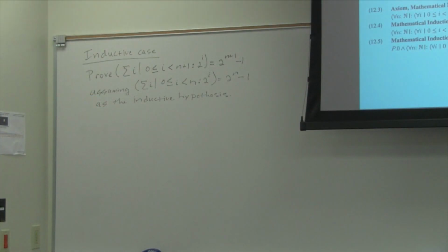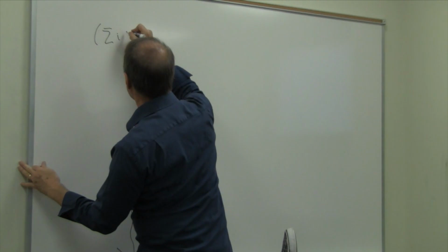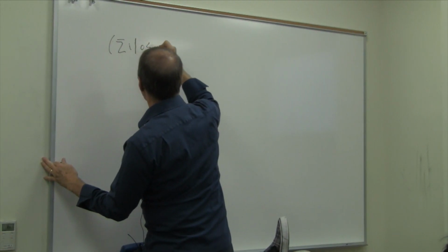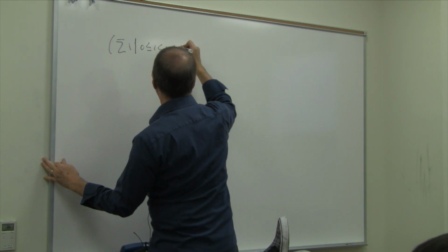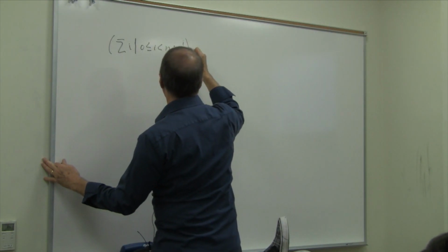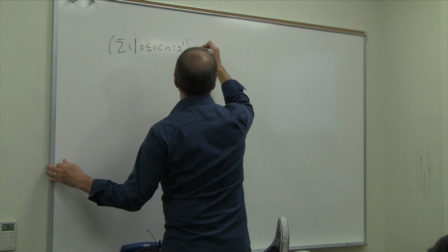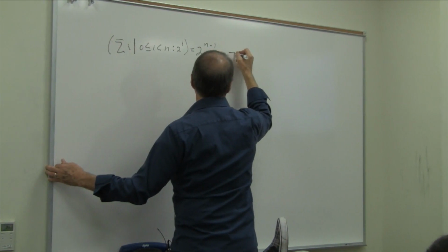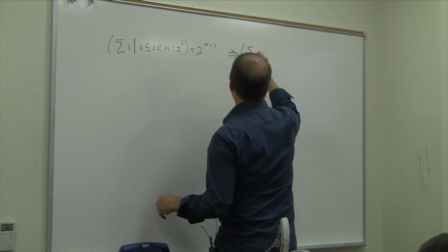We're proving that the sum on i, range 0 less than or equal to i less than n, body 2 to the i equals 2 to the n minus 1, this whole thing implies, and we're allowed to assume context.